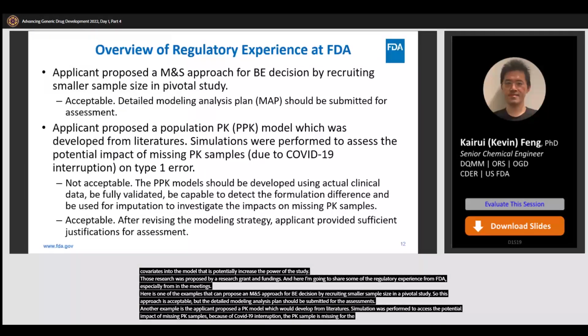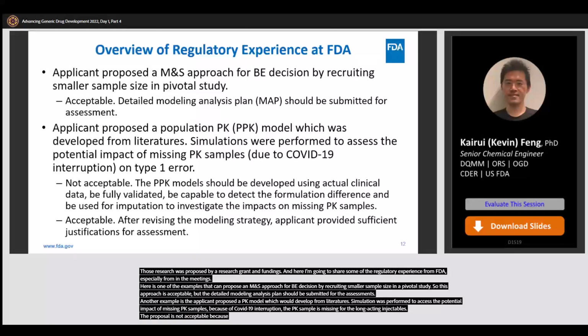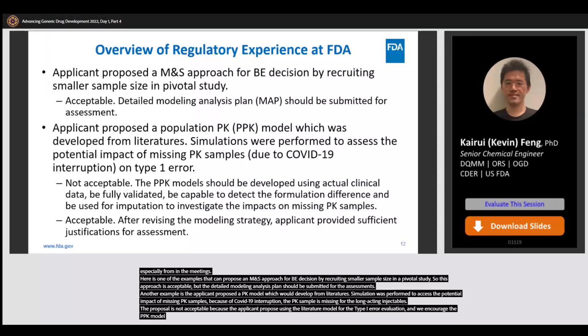The proposal is not acceptable because the applicant proposed using the literature model for the type I error evaluation, and we encourage the PPK model should be developed using actual clinical data and fully validated and capable to determine the formulation difference and be used for imputation to investigate the impact of missing PK samples.